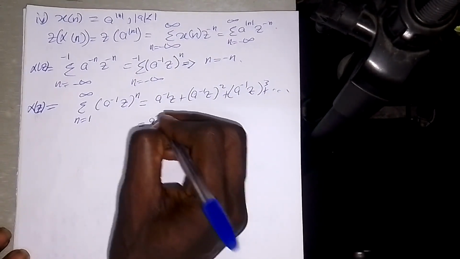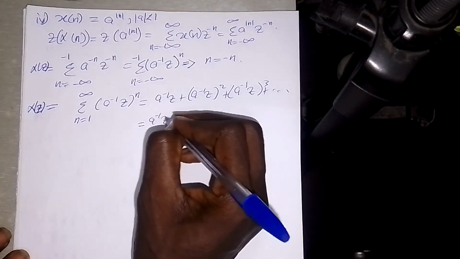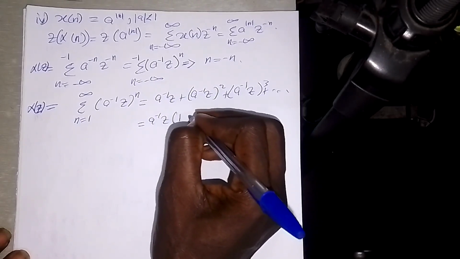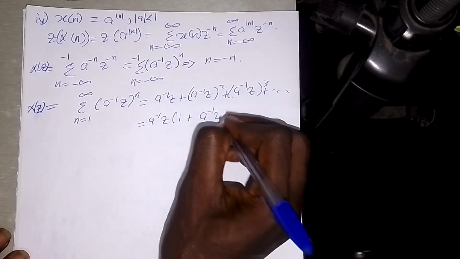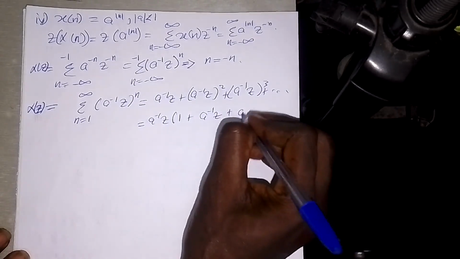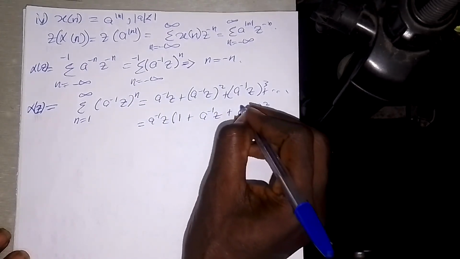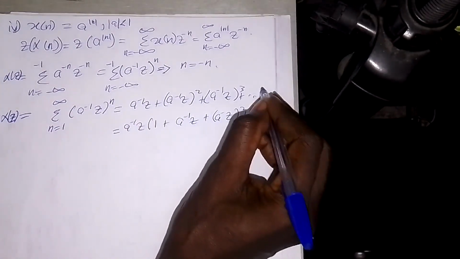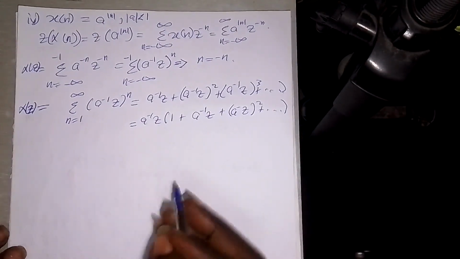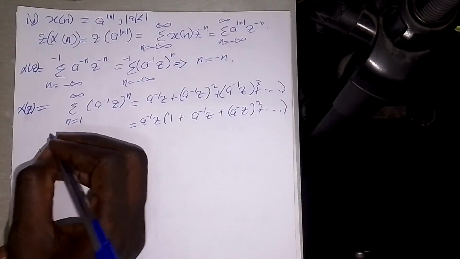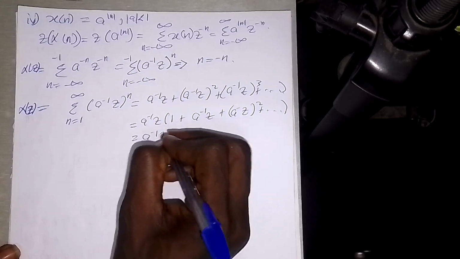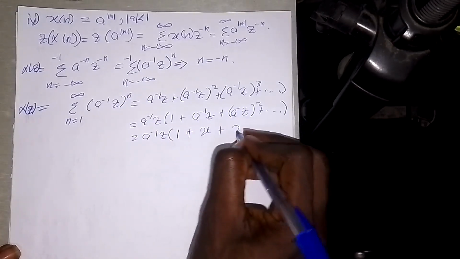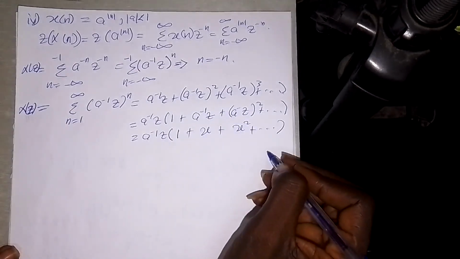Now if I factor out a^-1 z, it will come out, and then I'll have 1 plus a^-1 z, plus (a^-1 z) squared, and it will continue up to infinity. Here 1, here this place will become x, here x squared, plus up to infinity.